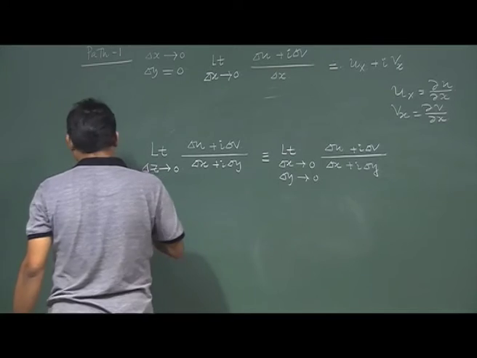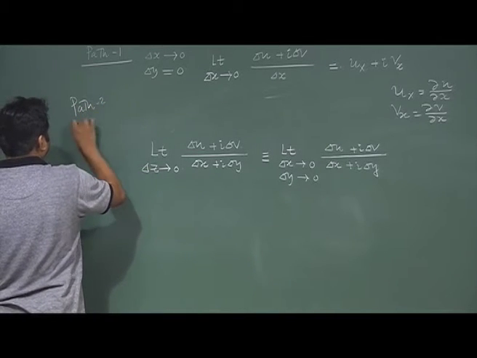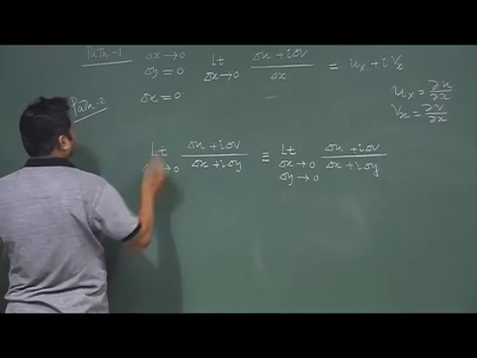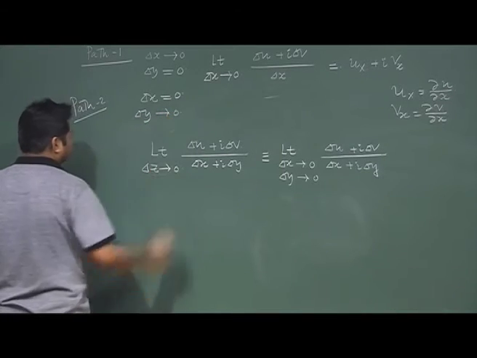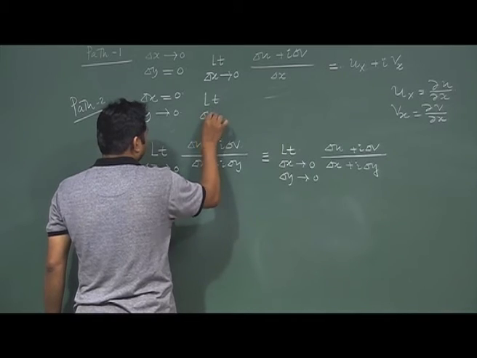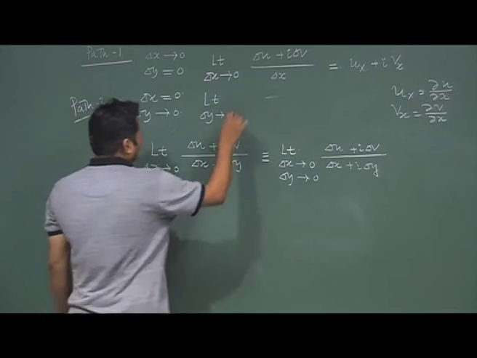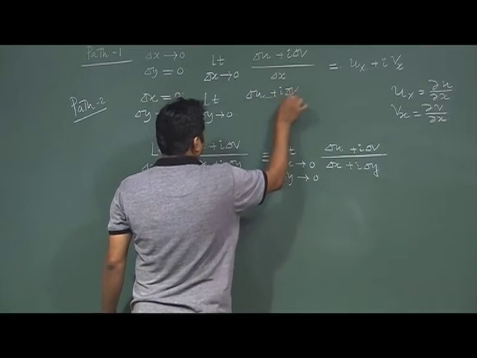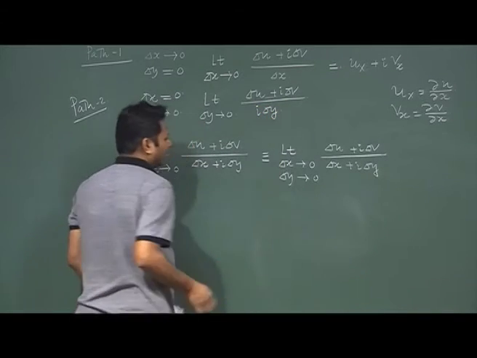I can now choose another path, say path 2, and now I will say that delta x is equal to 0, but delta y tends to 0. If I do the same thing, my limit will be simpler. It will be, as delta y tends to 0, delta u plus i delta v divided by i delta y.